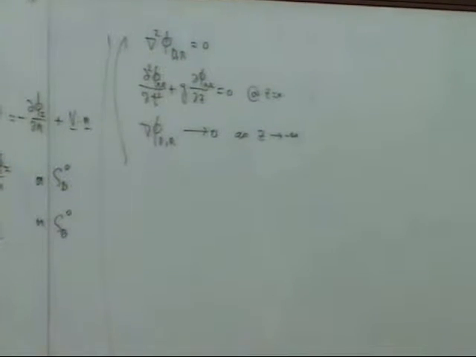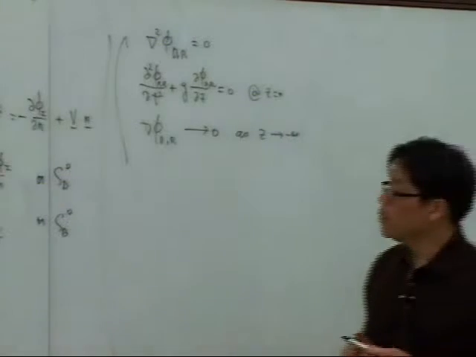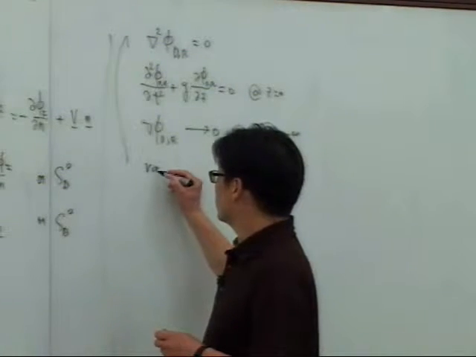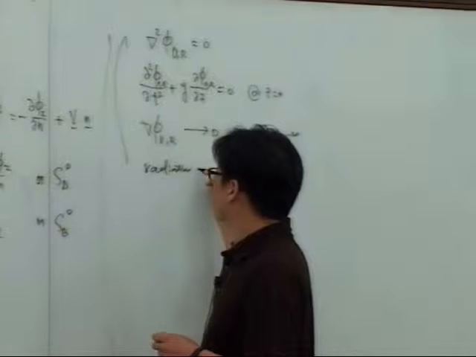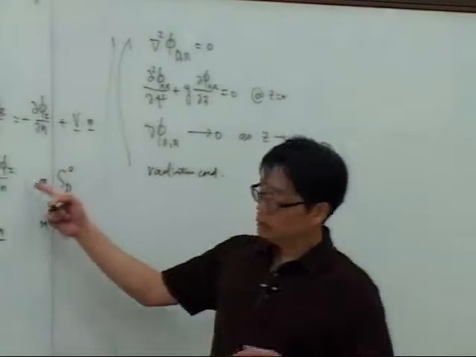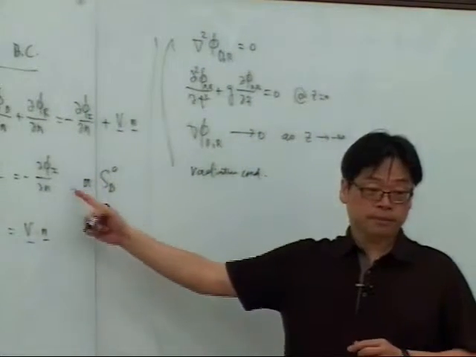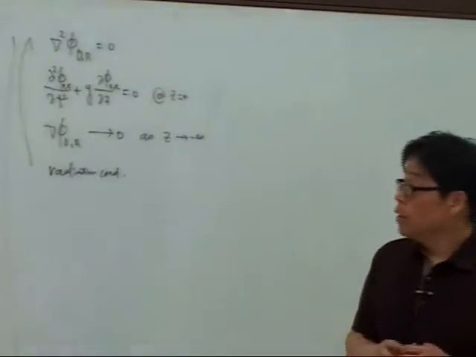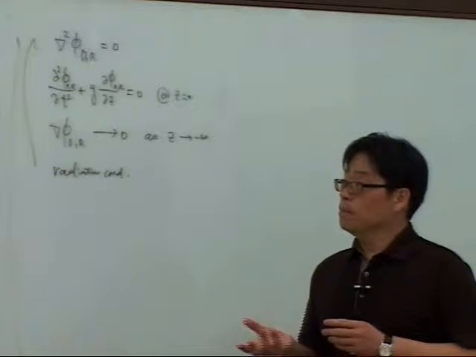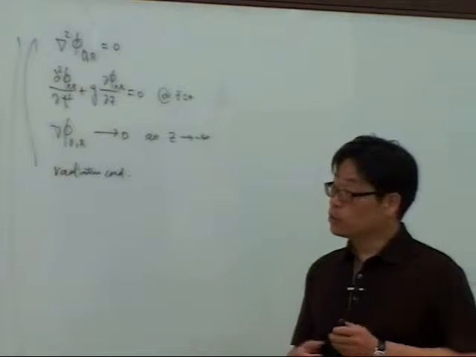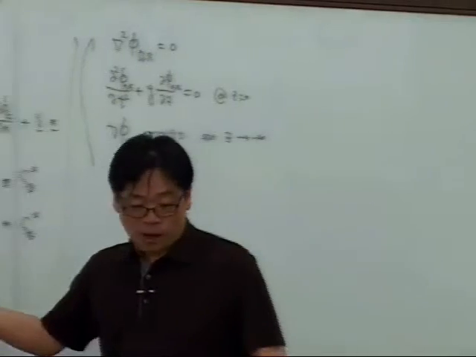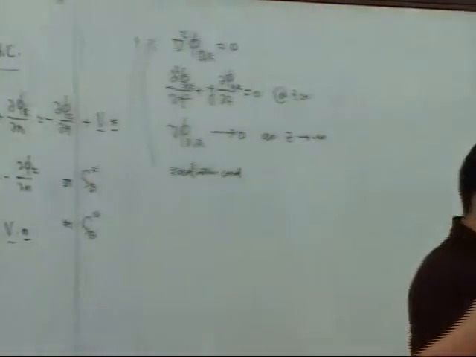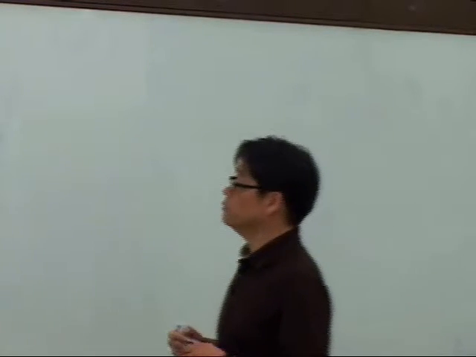So basically, the only difference appears here, between phi d and phi r. So the mathematical or numerical methods to solve this boundary value problem for phi d and phi r are identical, as you will see a little later.